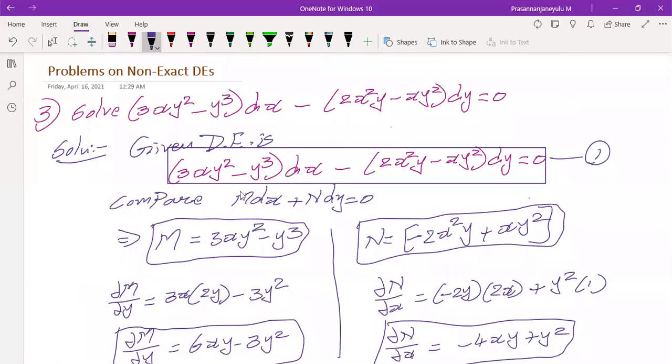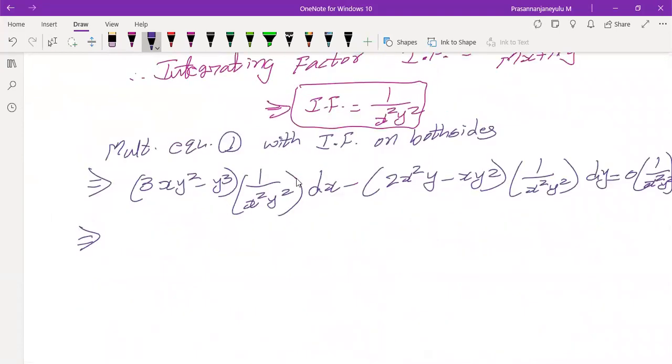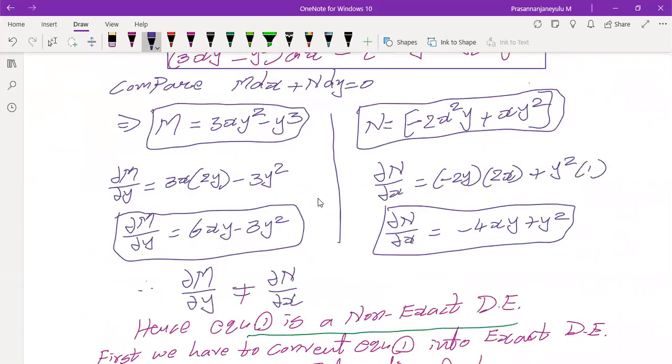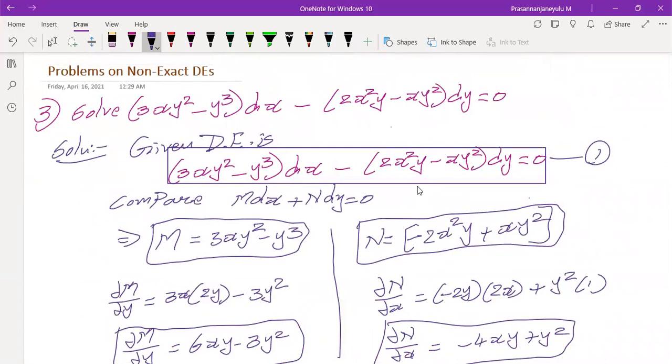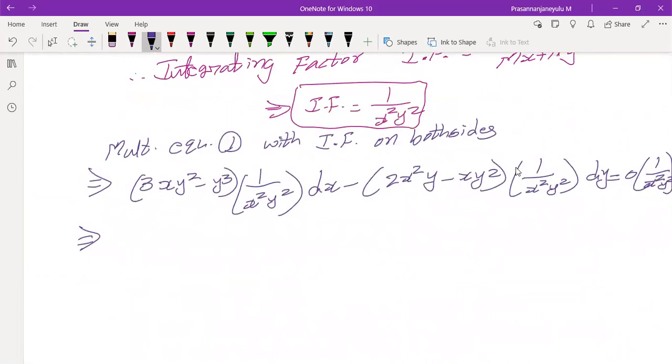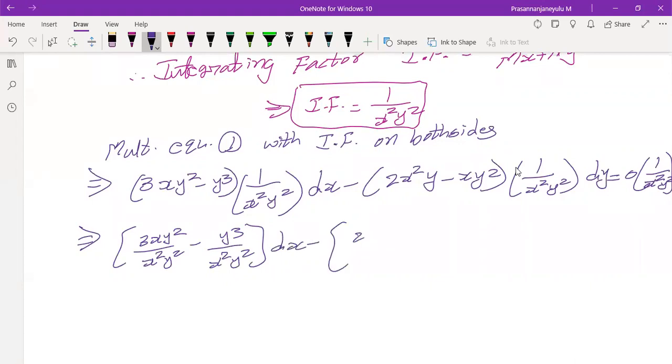Now I'm multiplying the first two terms with 1 by x square y square and also doing simplification: 3xy square by x square y square minus y cube by x square y square, into dx, minus of 2x square y by x square y square minus xy square by x square y square, into dy, equals the right hand side, which is simply 0.